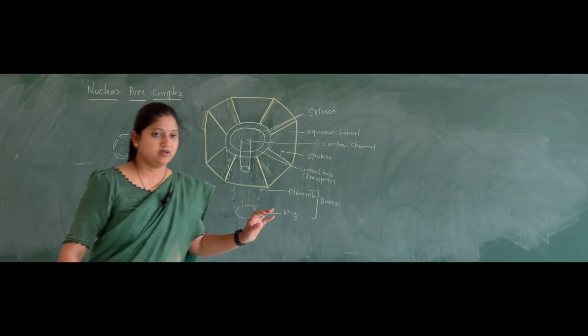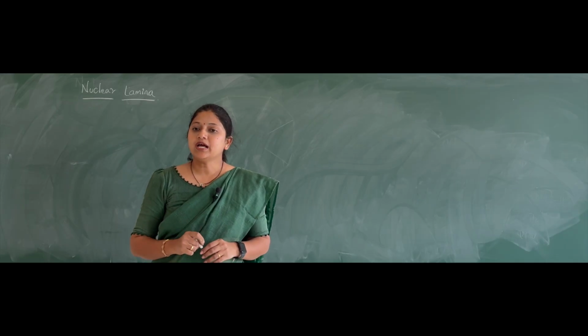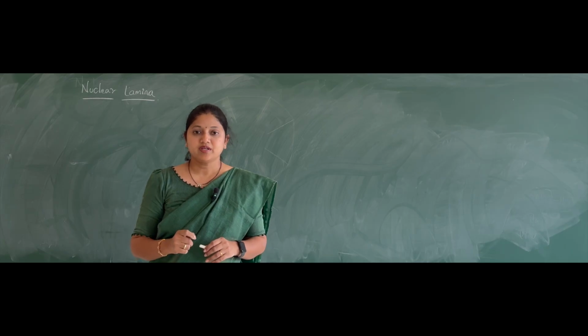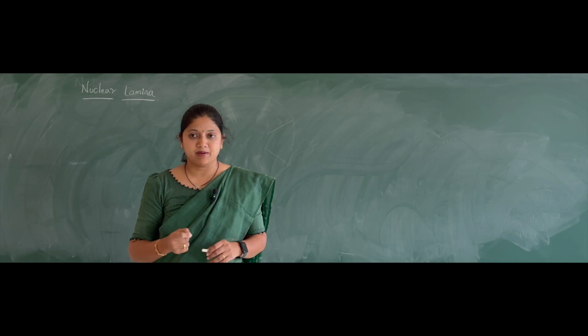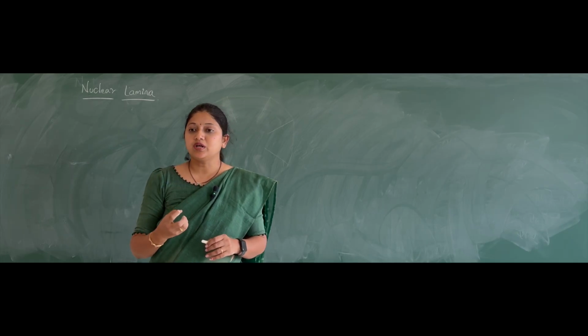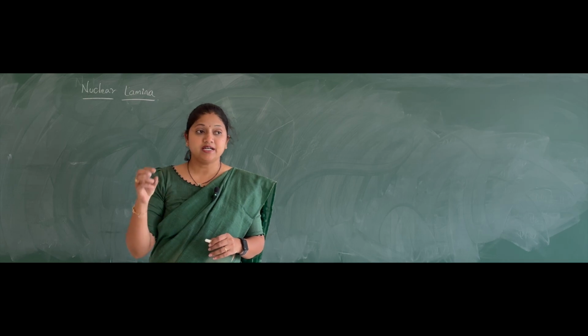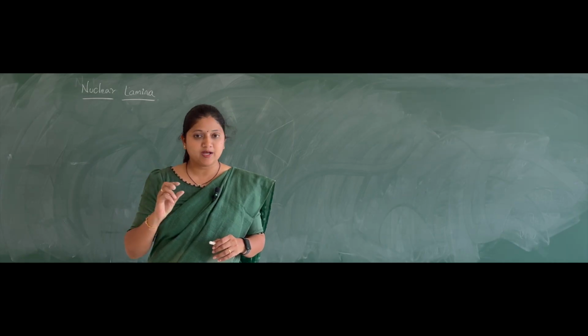Now, the nuclear lamina. It is a fibrillar network which is present below the inner nuclear membrane. We had studied that there are around 60 integral proteins present on the inner nuclear membrane, right?